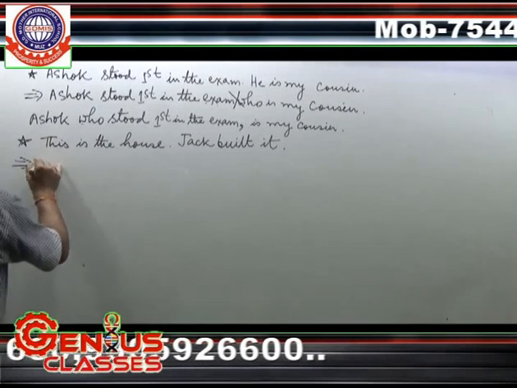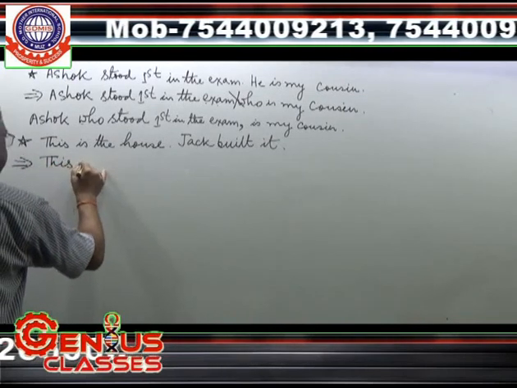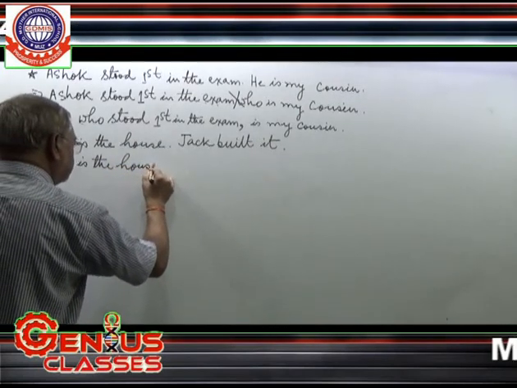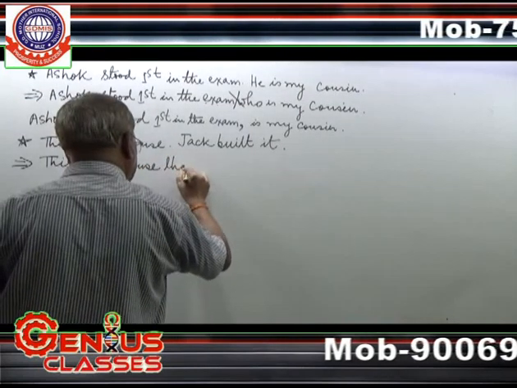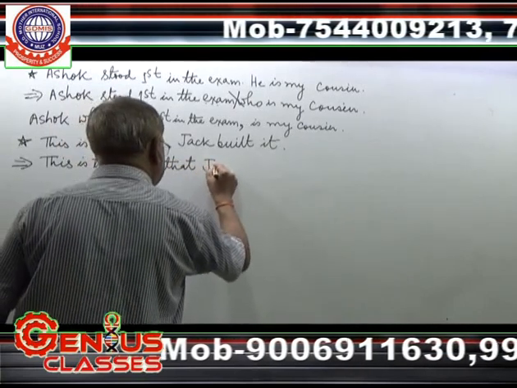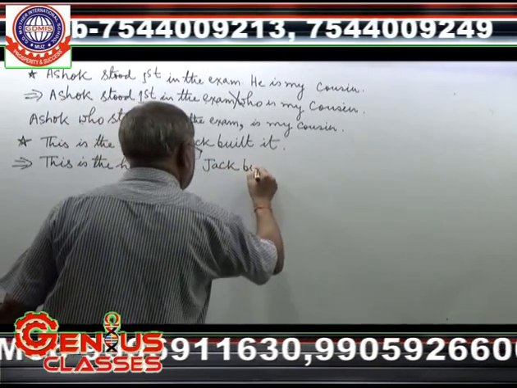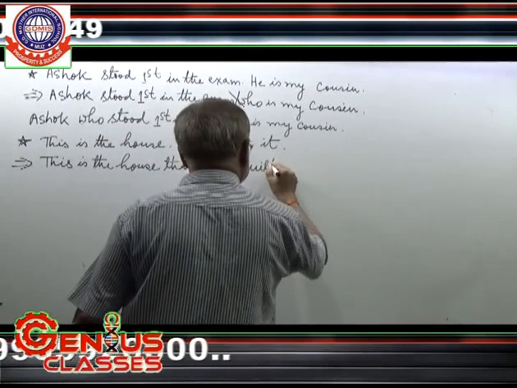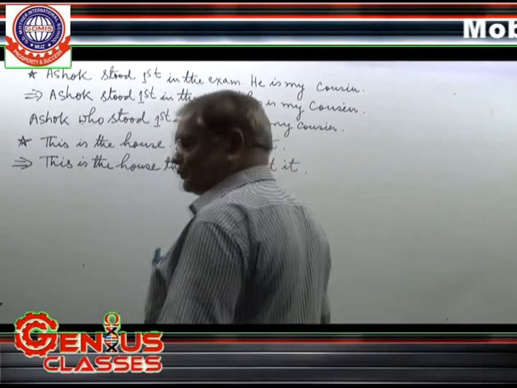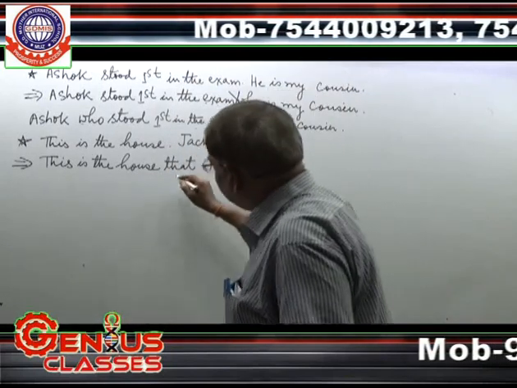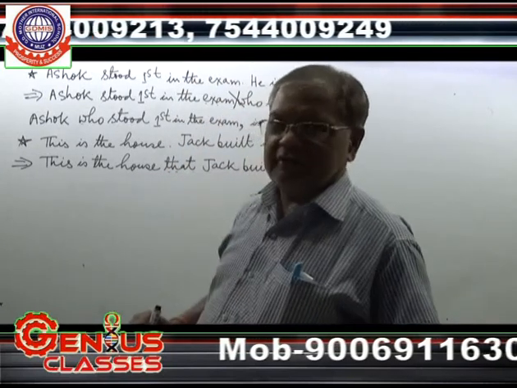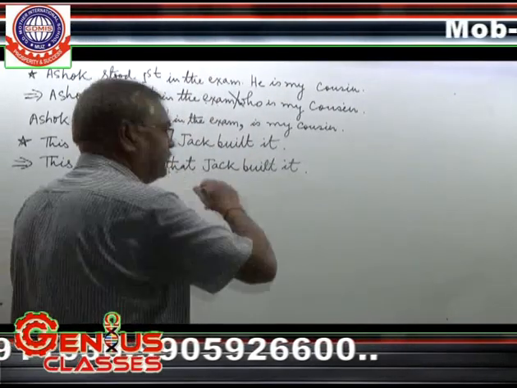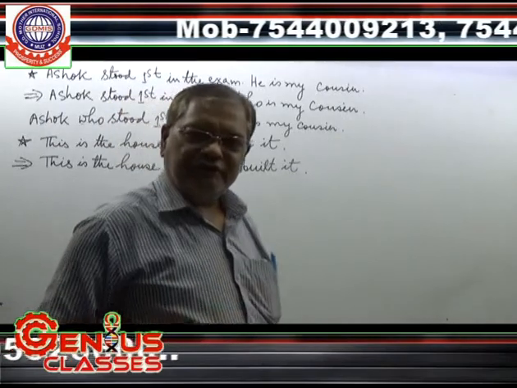So the correct answer is, this is the house that Jack built it. So here, the relative pronoun that has been used. Now you may ask why that has been used to make one sentence.